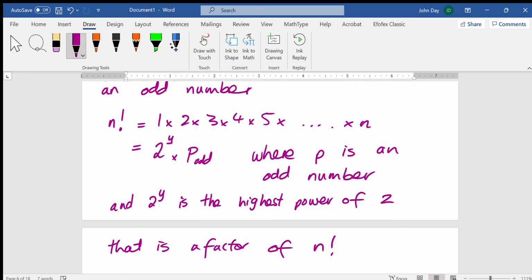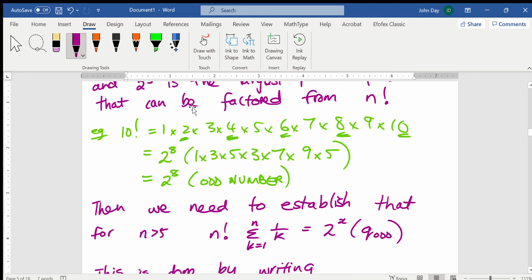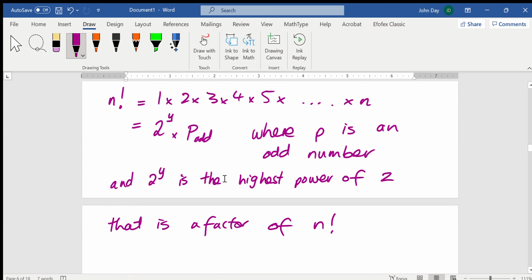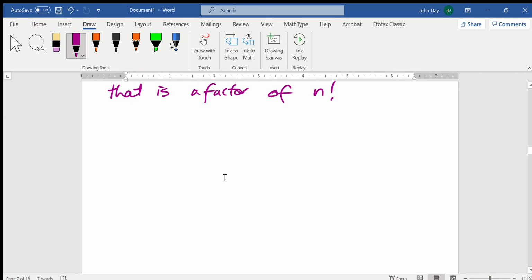All right, so we can write n factorial like that, just like up here, 10 factorial is 2 to the 8 times some odd number. So here, n factorial is 2 to the y times some odd number. Now, importantly, this 2 to the y and the 2 to the x and how they're related. So we know that n factorial equals n factorial.